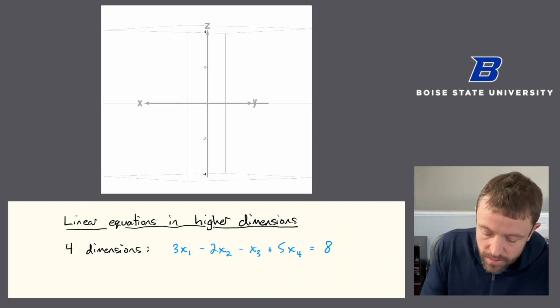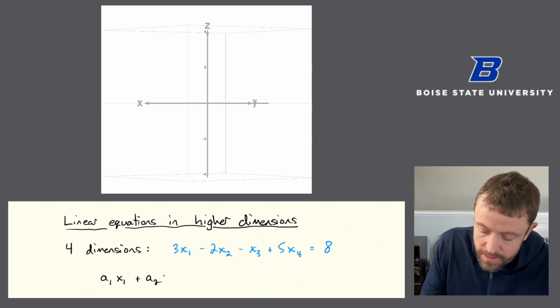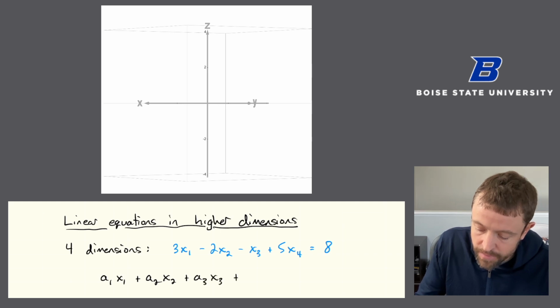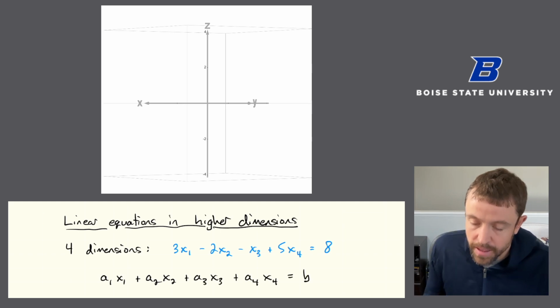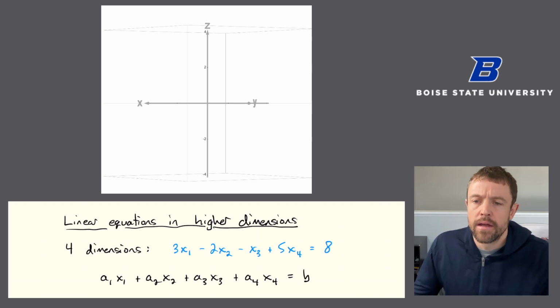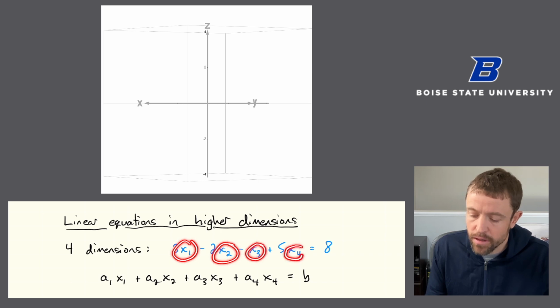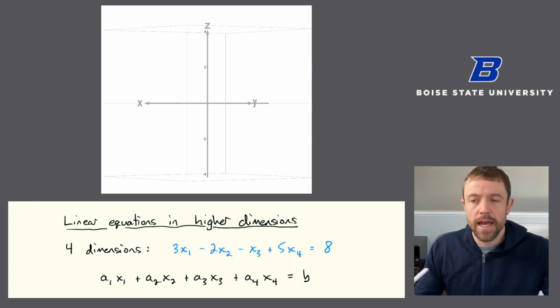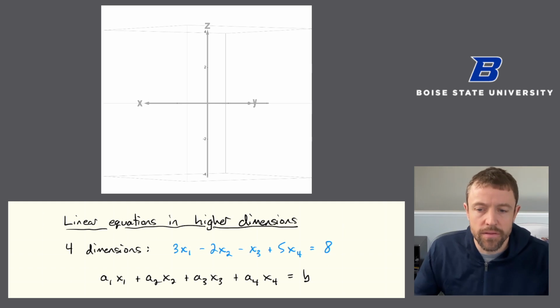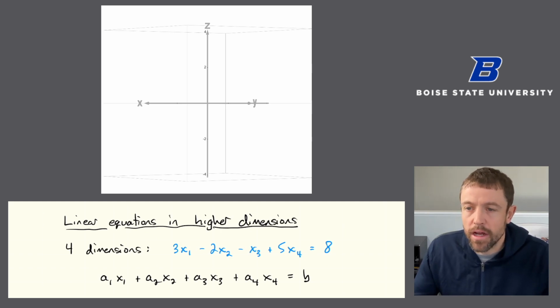And in general, it would be something like a1x1 plus a2x2 plus a3x3 plus a4x4 equals b. If you look at this and wonder why we're switching from x, y, z to x1, x2, x3, x4, maybe you start to see ahead that I went up from 3 dimensions to 4 dimensions because that's the next spot to go.